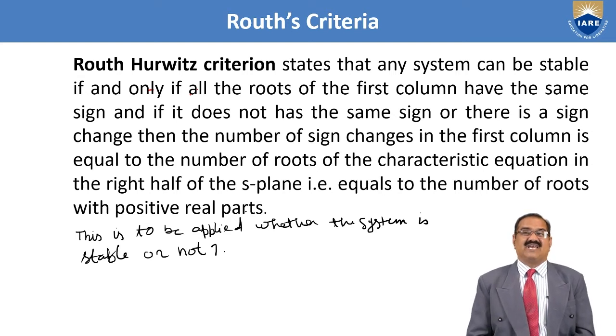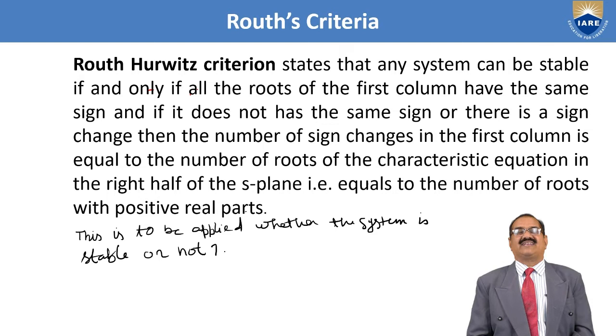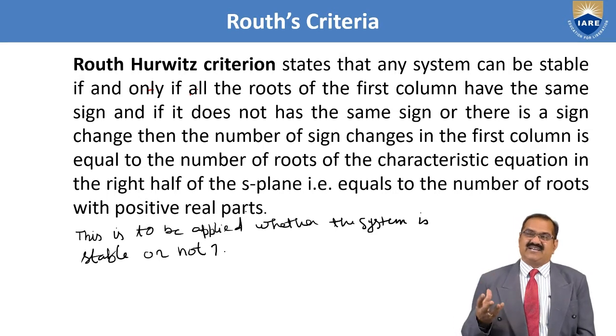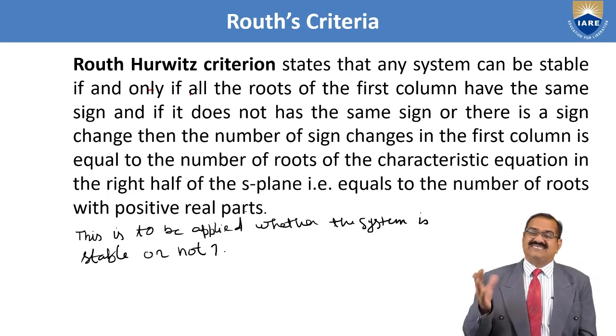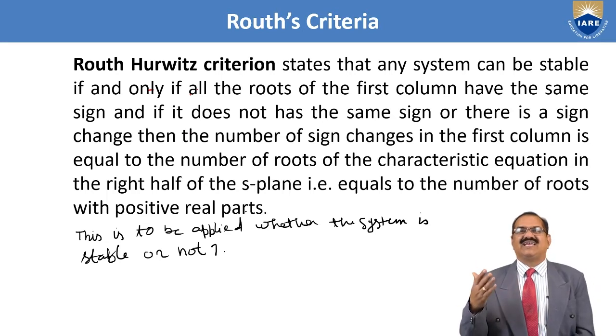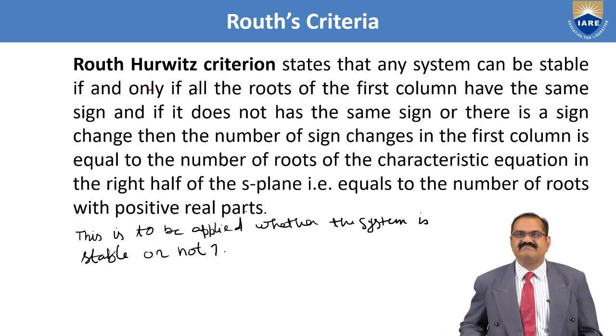If it is not the same sign, there is a sign change, then the number of sign changes in the first column is equal to the number of roots of the characteristic equation in the right half plane.